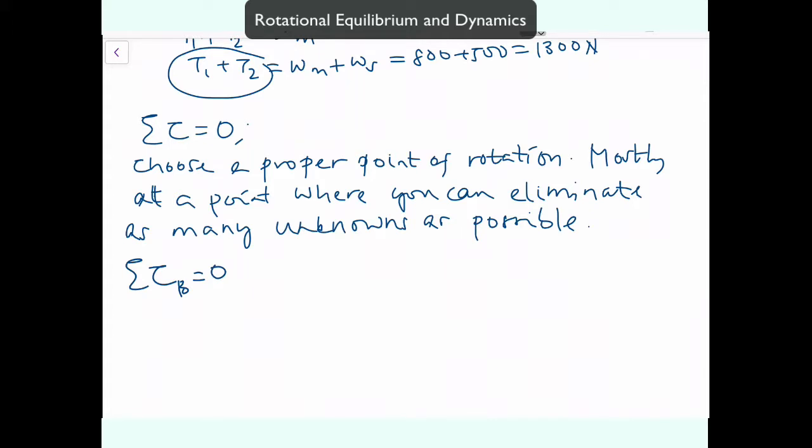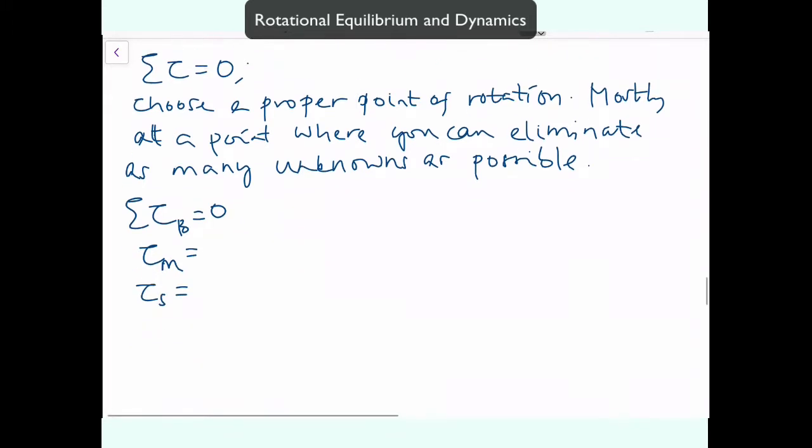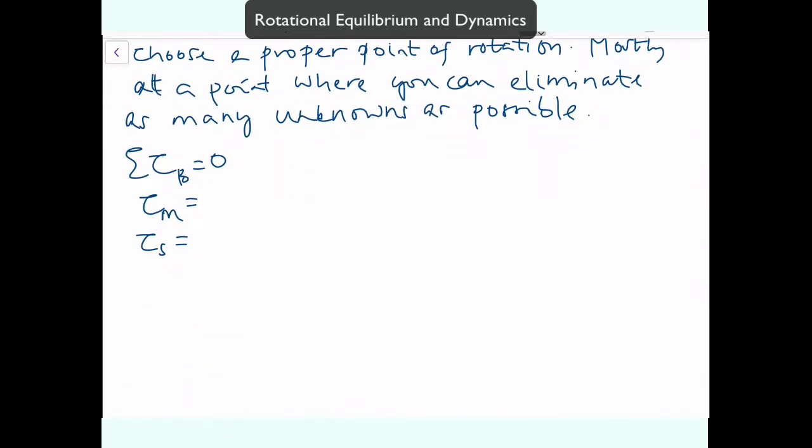With reference to point B, I will have to find the torque of the man, the torque of the scaffold, the torque of T1, and the torque of T2.